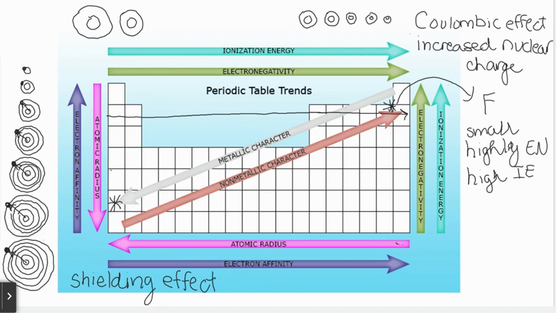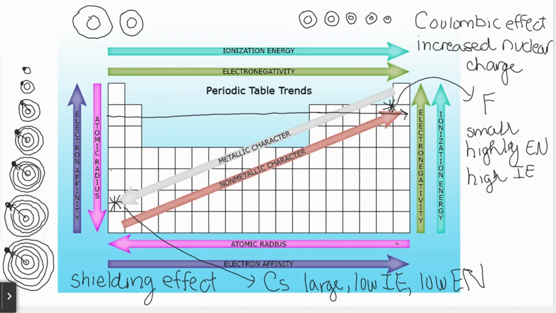So let's pick cesium down here, and we're going to say that cesium is large. It has a low ionization energy, has a low electronegativity, and it has high metallic character and low non-metallic character.